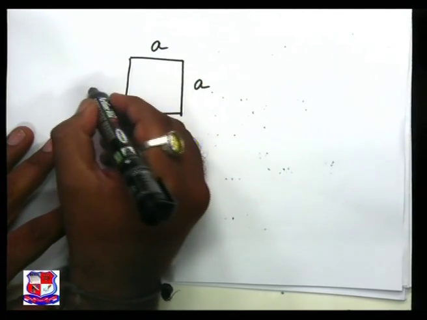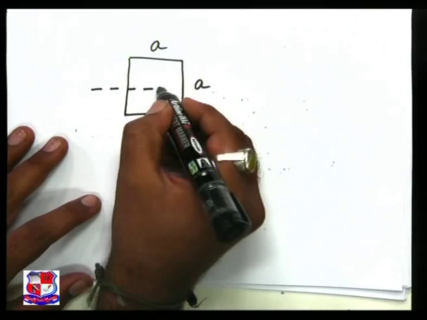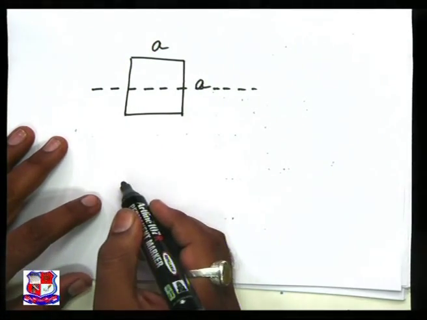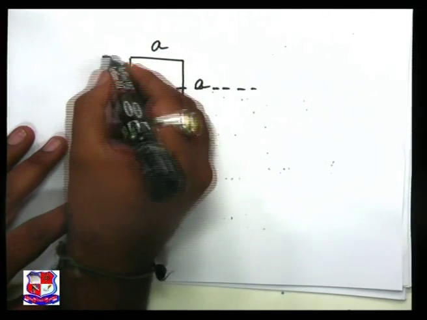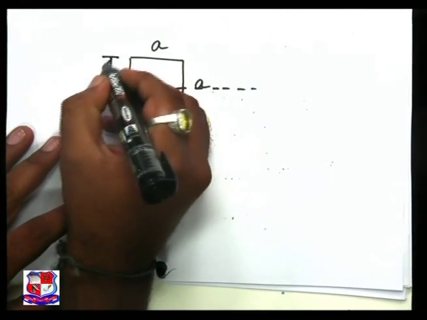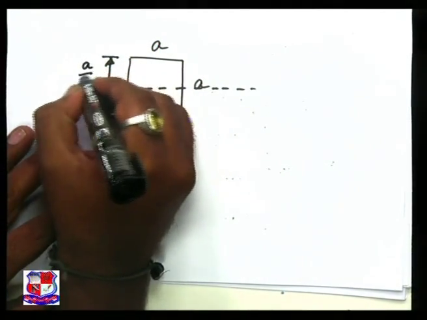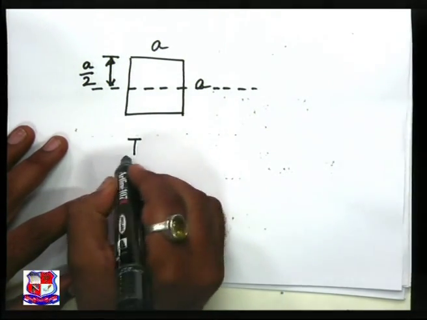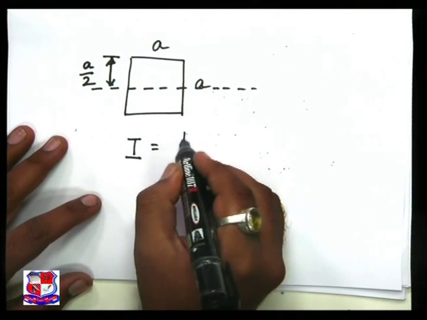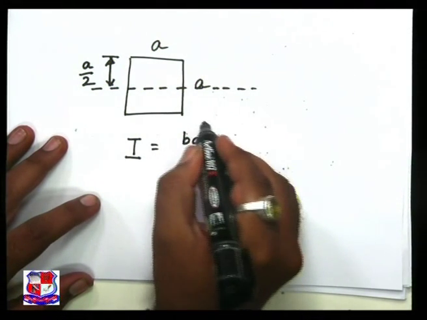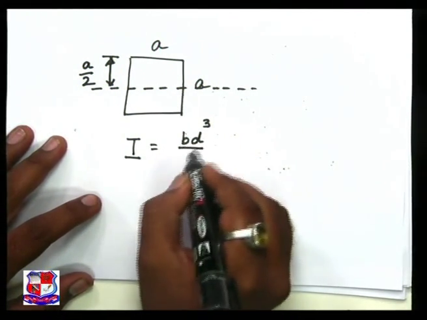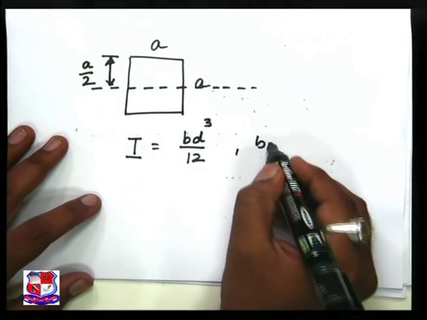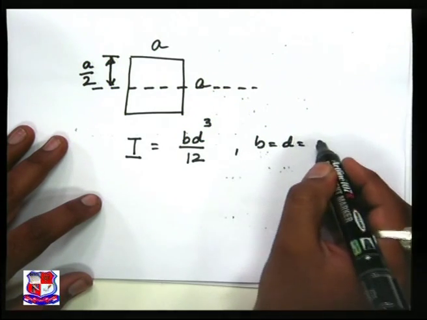The neutral axis passes through the centroid of the given section, as it is a symmetrical section, this distance is a by 2. We know the basic fundamental equation I is equal to b d cube by 12 for rectangular section. Here b is equal to d is equal to a.